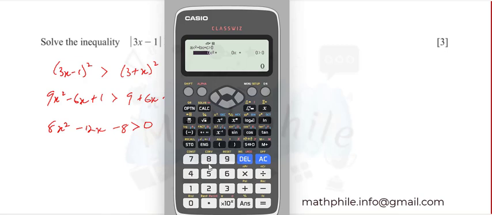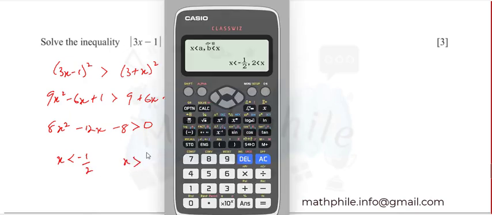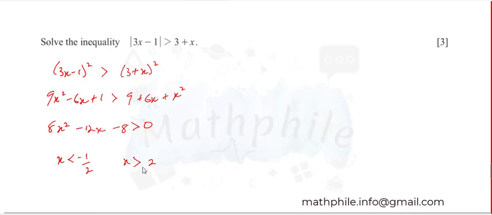Then we input our values. So we got 8, negative 12, and negative 8. So we get the answer to be x is less than negative 1 over 2 and x is greater than 2. And that answers the question for this for 3 marks. Okay, so that's how we answer this one.